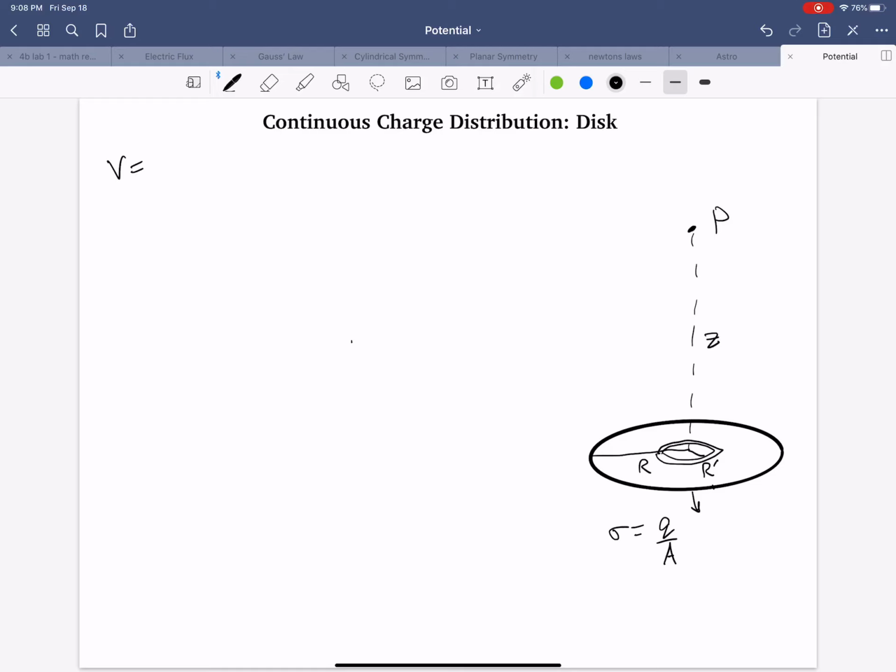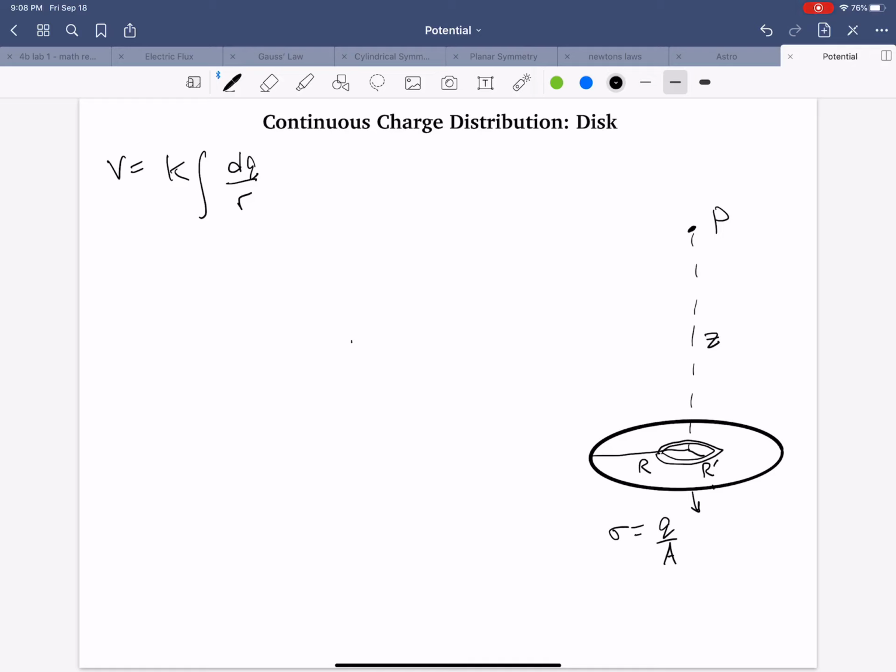The electric potential for a continuous charge distribution is k times the integral of all of those dq's over the distance from those dq's to the point in question, in this case, point P. We don't really know the size of these dq's.